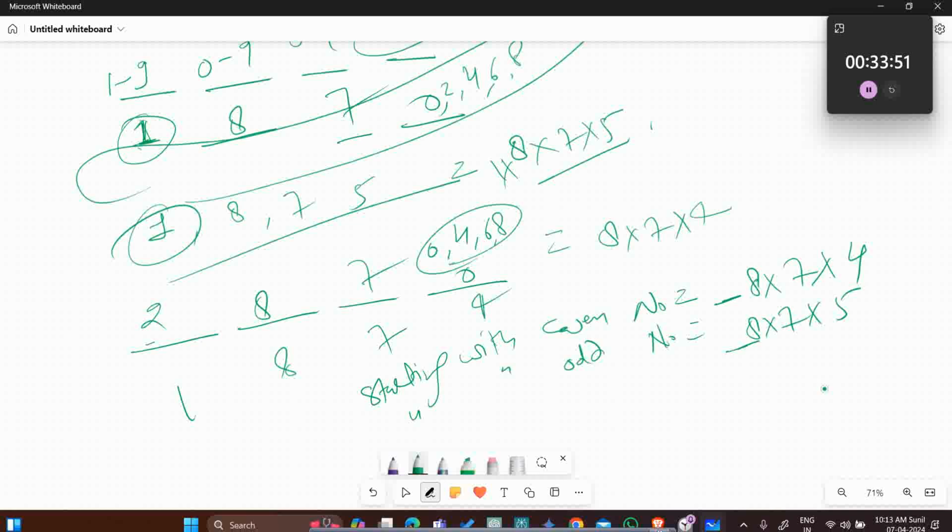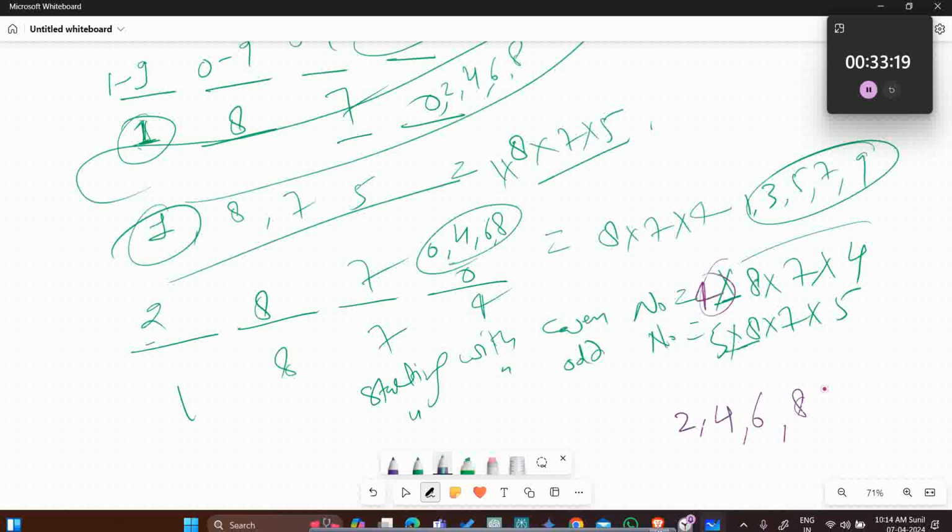We have 1, 3, 5, 7 and 9 for the first place, so we have 5. And for even, we have options only 2, 4, 6 and 8 for the first place of a 4-digit number, so 4 times.